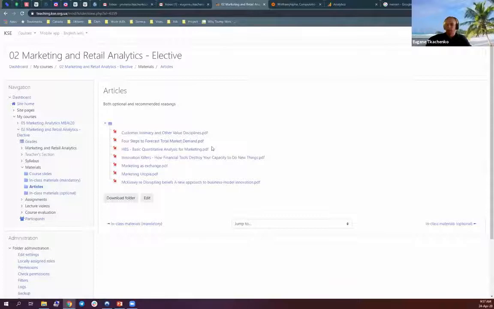Again, I'm not writing it down. You need to know this by heart, because this is graduate school, and it's not about the knowledge, it's about your ability to manipulate the information. The 4 steps to forecast total market demand is all about extending your mindset in terms of how you can articulate the information.